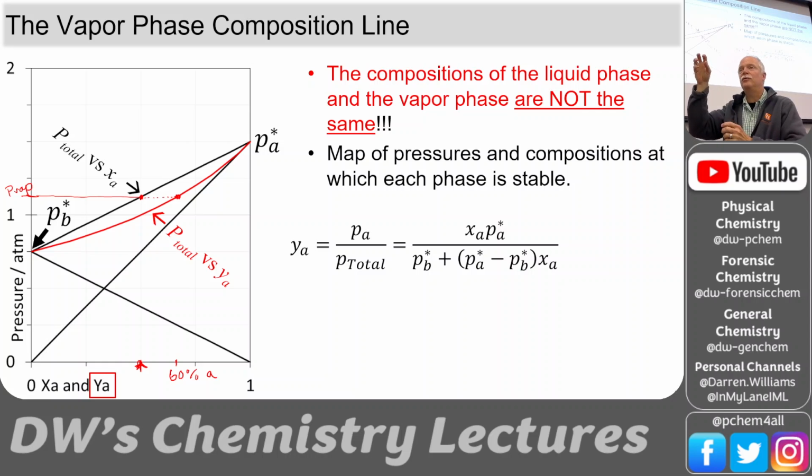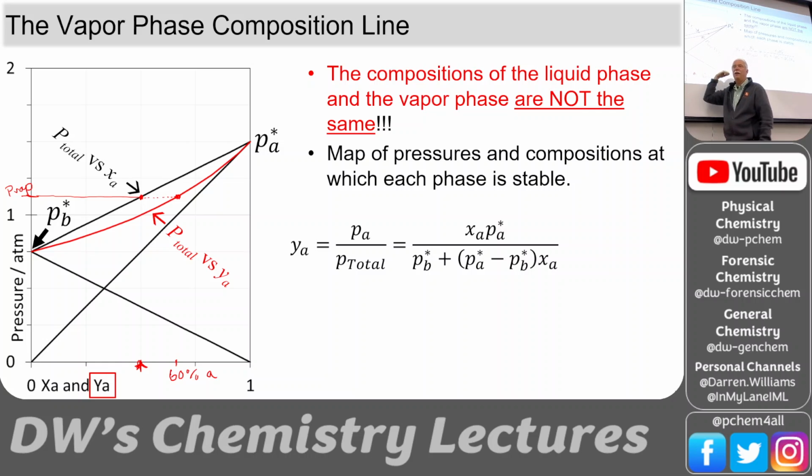But if we were to capture that A, or capture the whole condensate, then we would eventually deplete the liquid of A. And what would happen to our liquid composition? It would move left. If we're pulling A out of the container, then the liquid would start to move left. And if we keep doing that, we're distilling it.